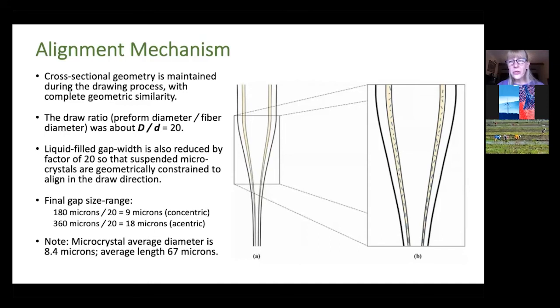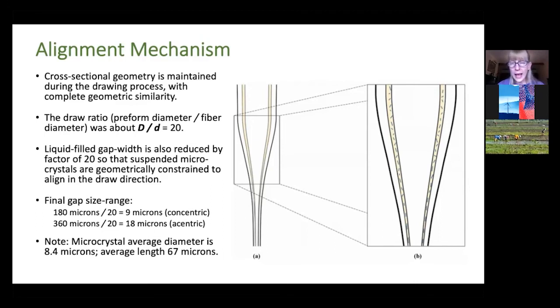On average, they're 8.5 microns in diameter. And so because this gap is in the concentric case 180 microns wide, and in the worst acentric case, it's 360 microns wide. Again, those crystals are free to orient just about any way they want.